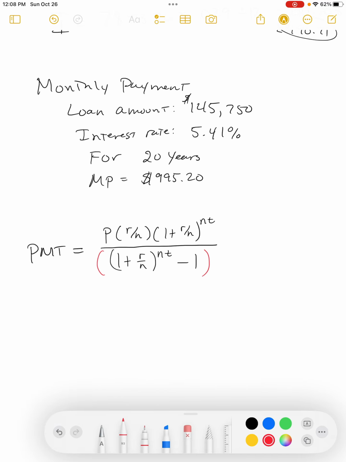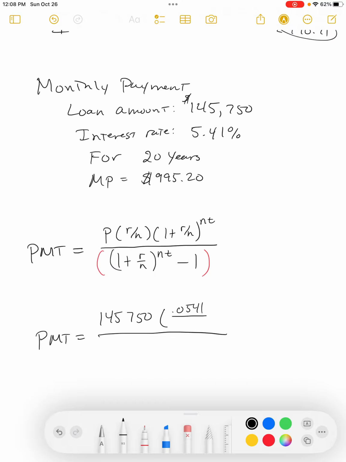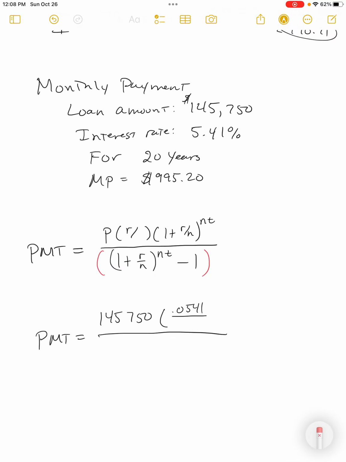So you know all of these symbols. Let's go ahead and plug in for what we have. So the payment for our loan, let's try to get how they came up with the $995.20. The payment is principal. Well, I know that's $145,750 times the rate, 0.0541, divided by the, it says divided by n. Let me change that n.